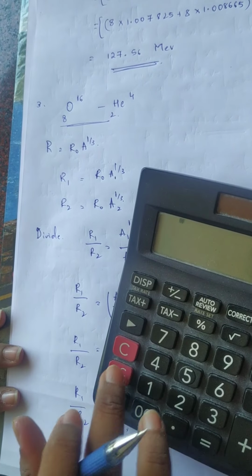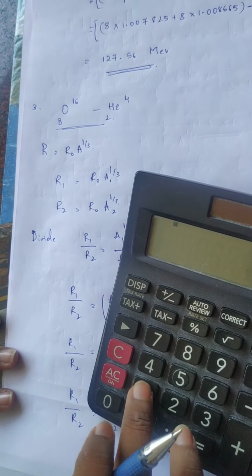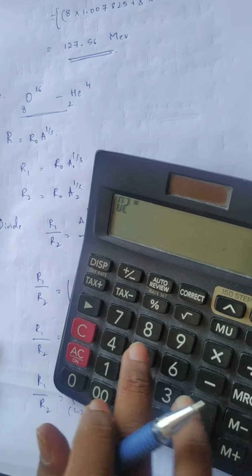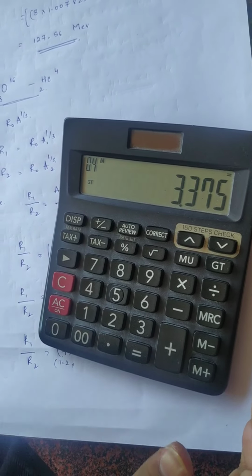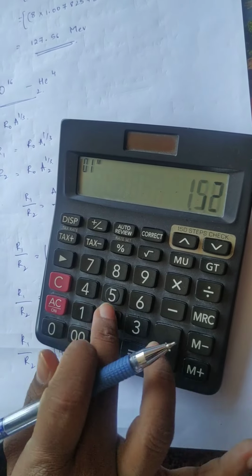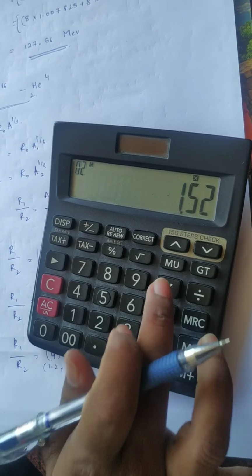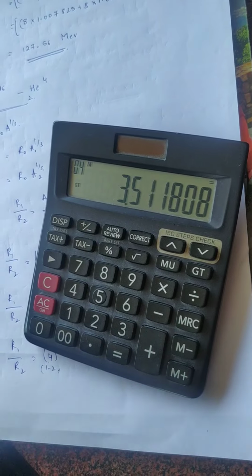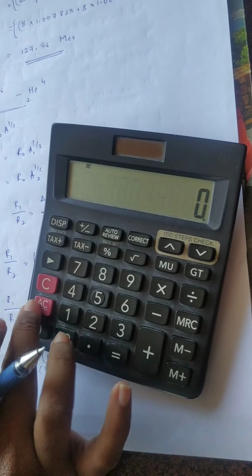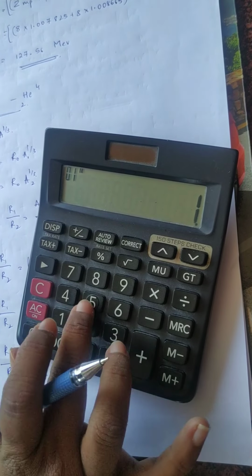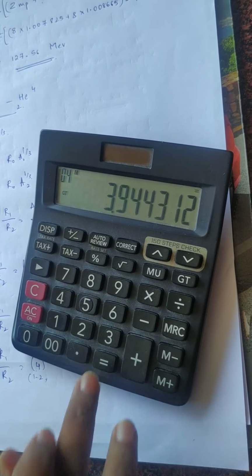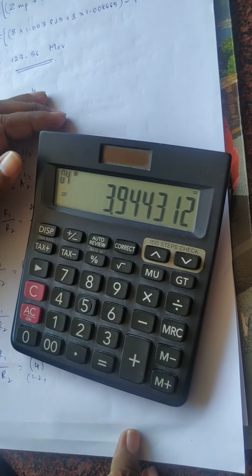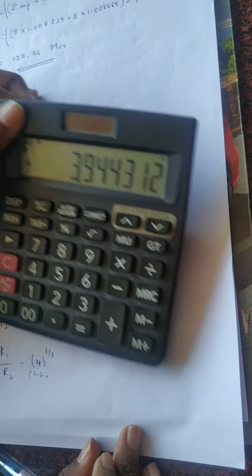If you now take 1.5, you'll get 3.37, which is nearly 4, right? Further, 1.5 to 1.52. Now 3.5, but you need 4. Taking 1.58 cubed, you get 3.94, which is very near to 4.